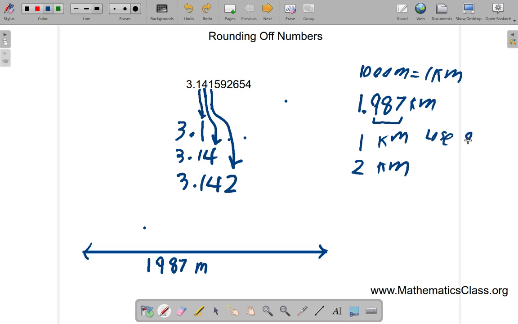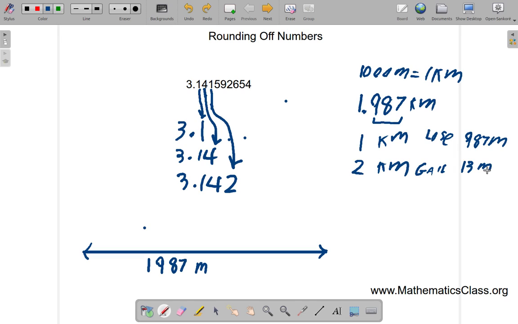So you would lose 987 meters. If you write 2 kilometers, you would overstep the distance a bit, so you would gain a certain distance. How much would you gain? It would be 2000 meters minus 1987 meters, so it's 13 meters.